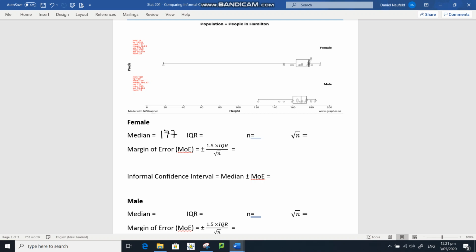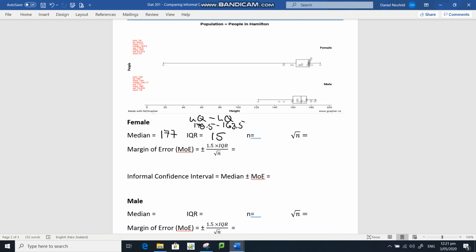The IQR, which is again UQ minus the LQ, so UQ 178.5 minus LQ 163.5. That's a gap of 15. So that's my IQR, right?